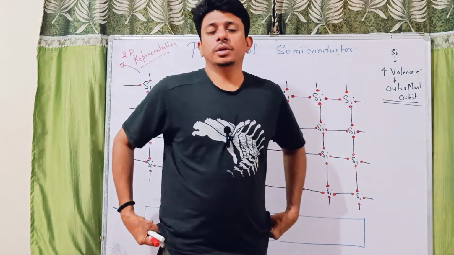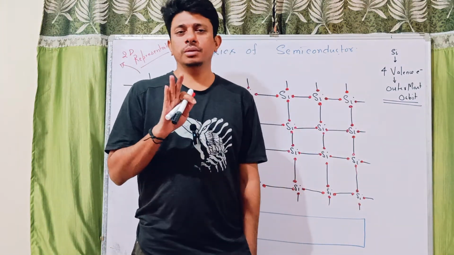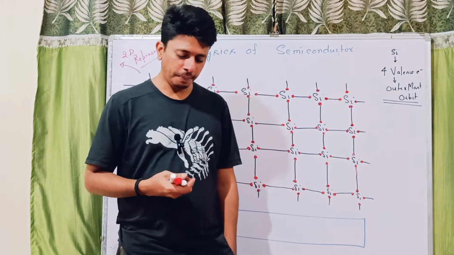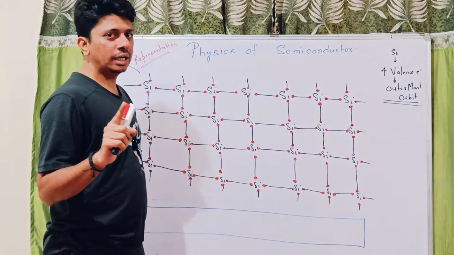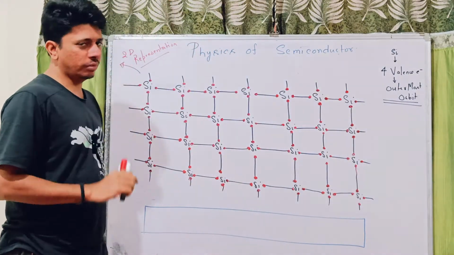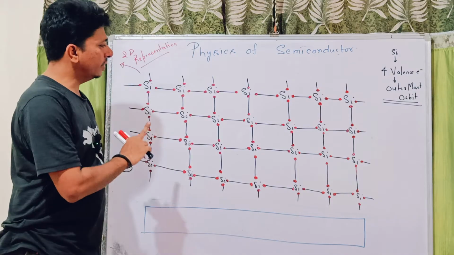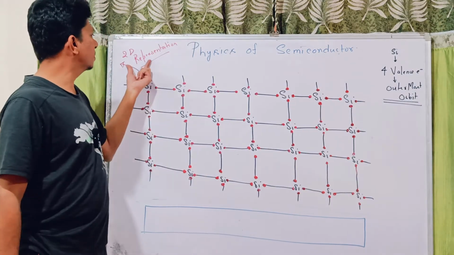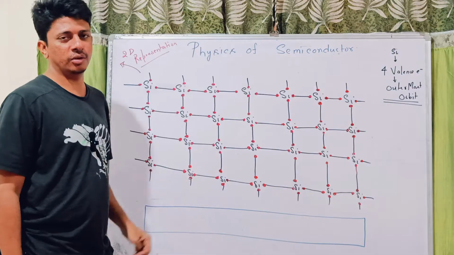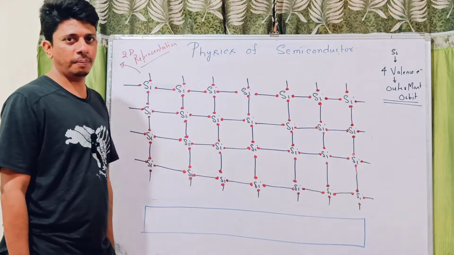Okay, so in this lecture we are going to start unit number 3, a concept. If you look clearly on this whiteboard, I have drawn the two-dimensional representation of silicon semiconductor material.